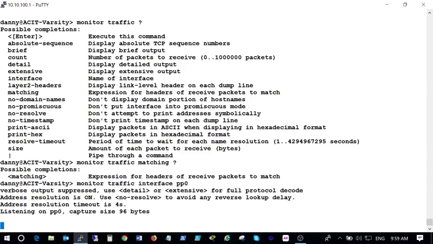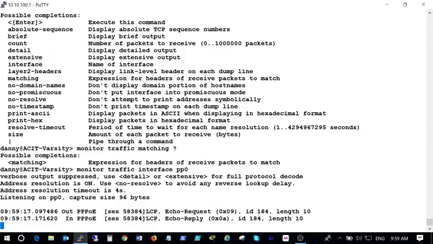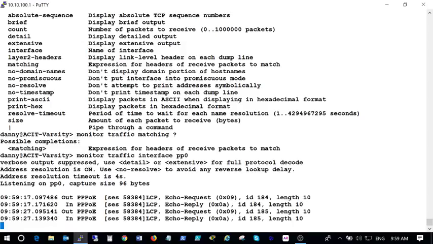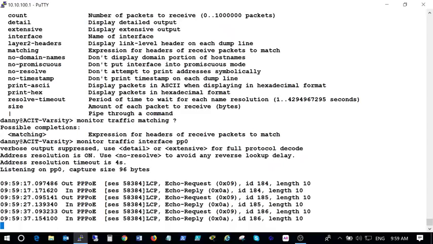Okay, so this is our internet connection. So we're seeing we've got PPPoE traffic on that. A little bit of traffic going backwards and forwards here. So again, I can use the matching criteria on this to look at some specific traffic that I may be interested in.